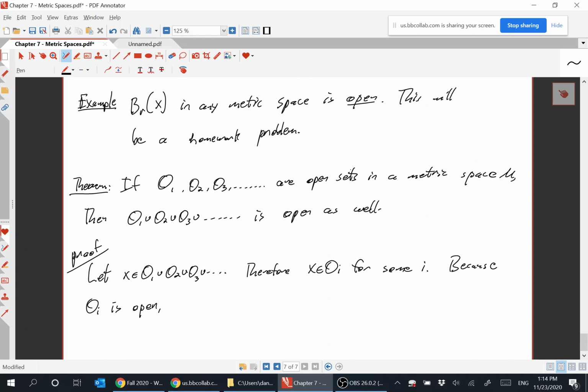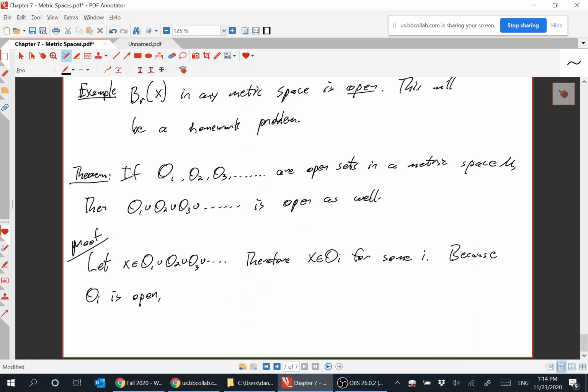Because it's open, there is R bigger than 0 such that the ball of radius R around x is a subset of O_i. Therefore, what? We need that the ball of radius R around x is in the whole union.